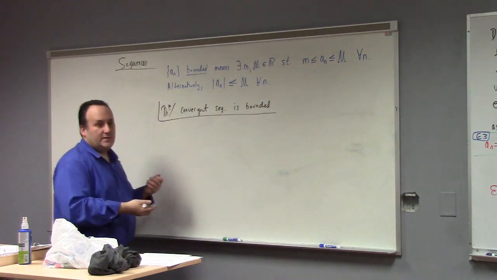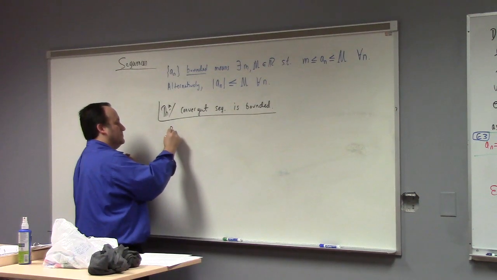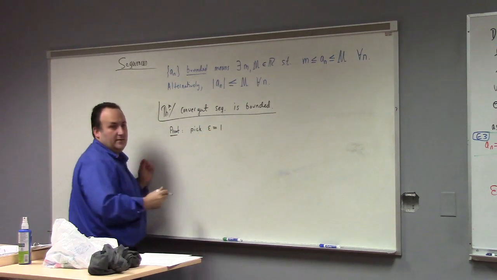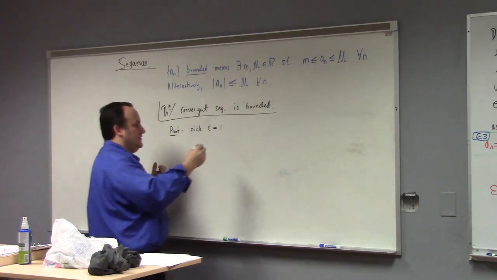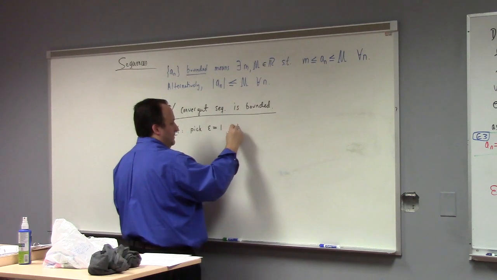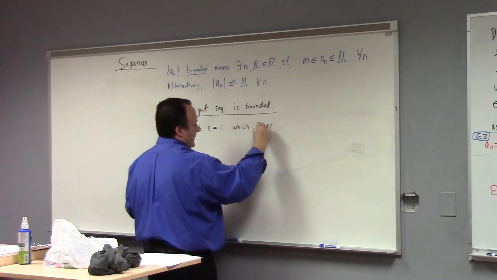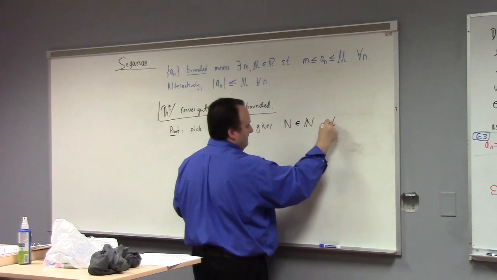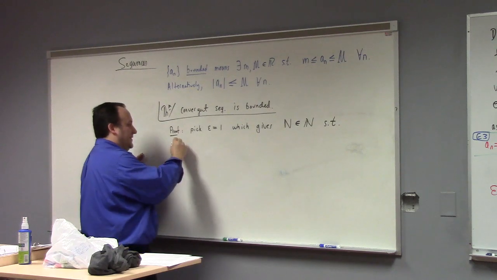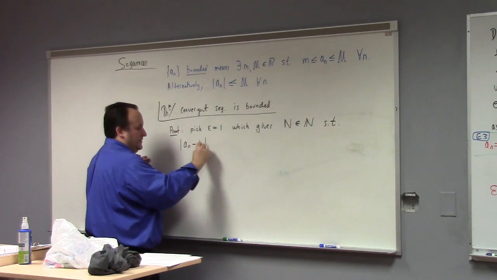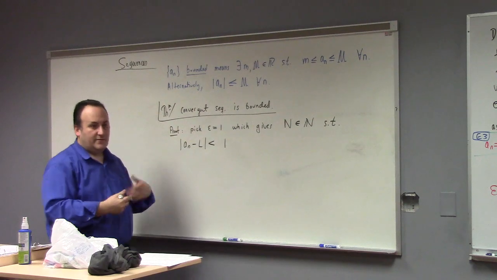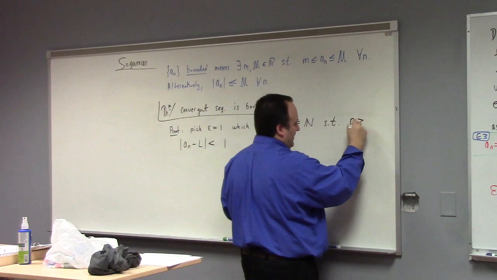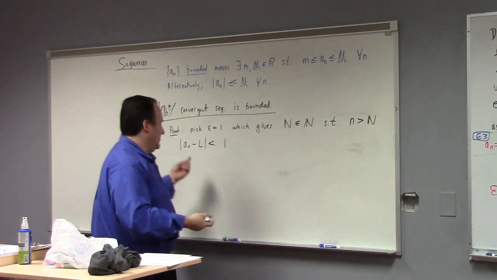So here's the way it works: we pick epsilon equal to 1, which gives some capital N in the natural numbers such that the absolute value of A sub n minus L is less than 1, such that n greater than capital N implies this, right?